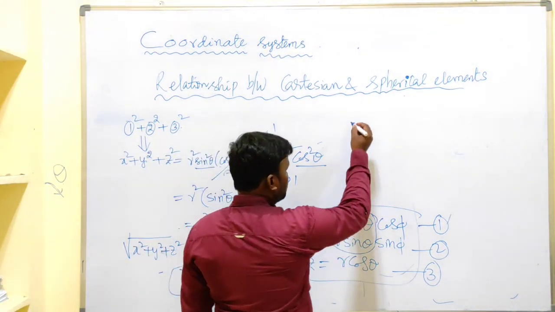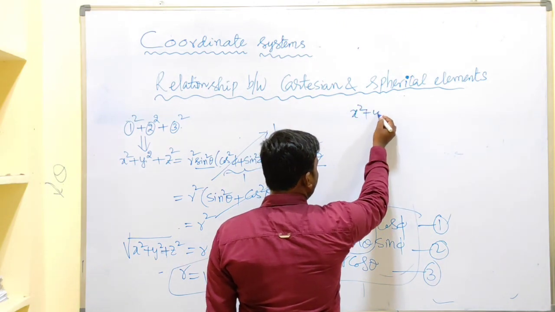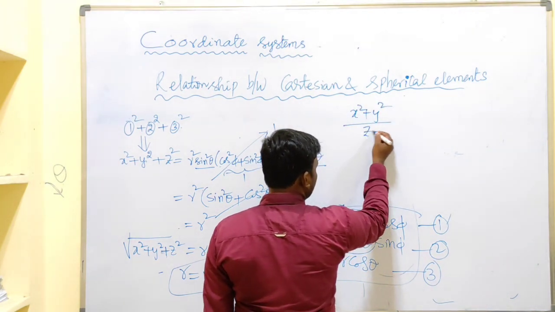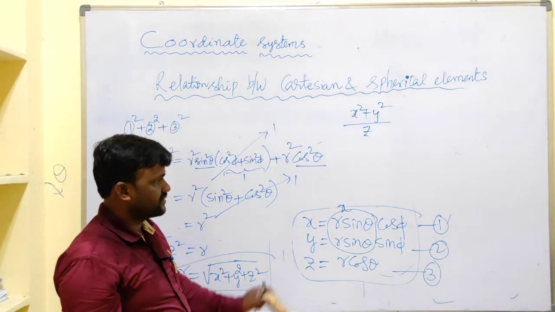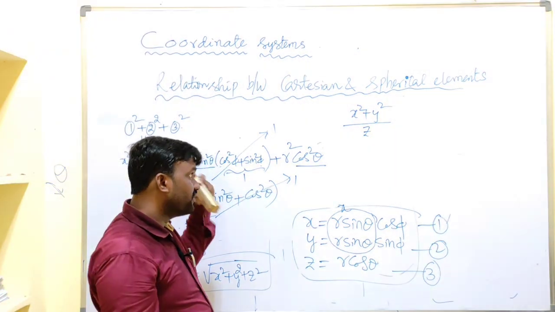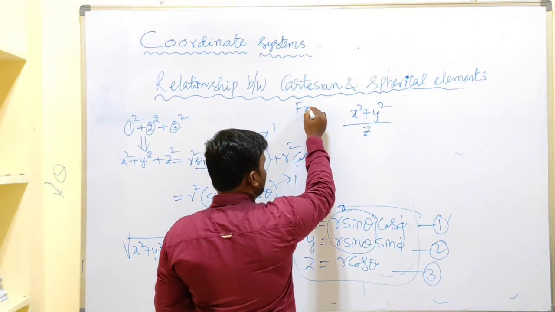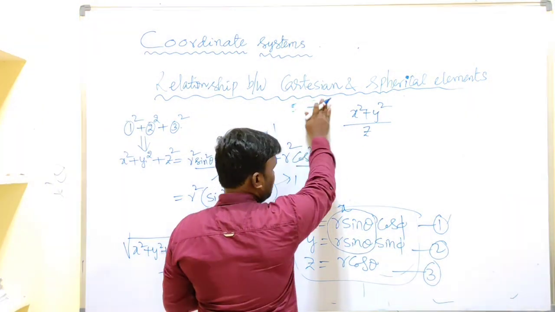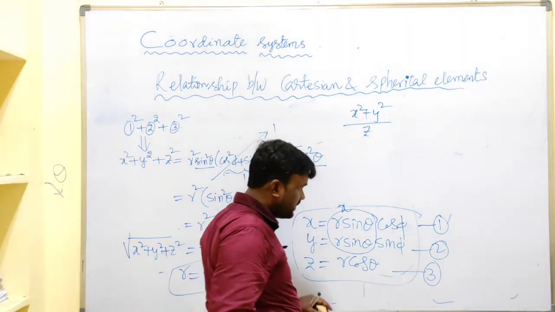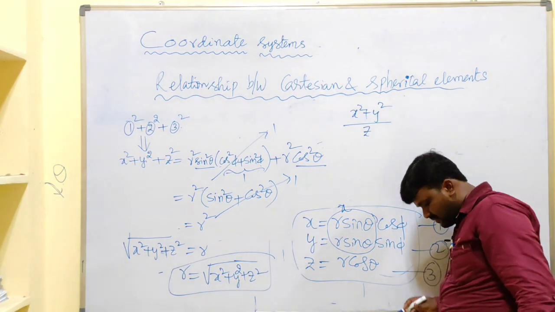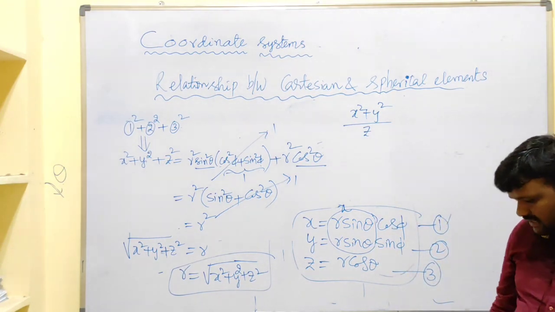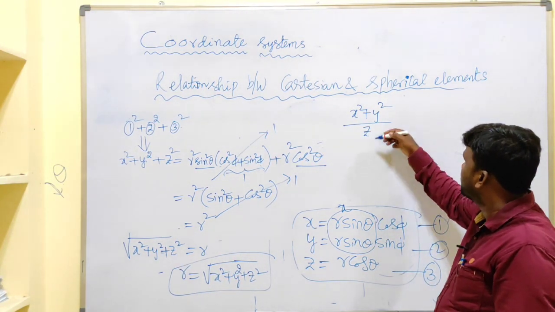If you take this one, that is x square plus y square by z. From the equations, or else write it like that, x square plus y square by z. What is the x square plus y square by z?